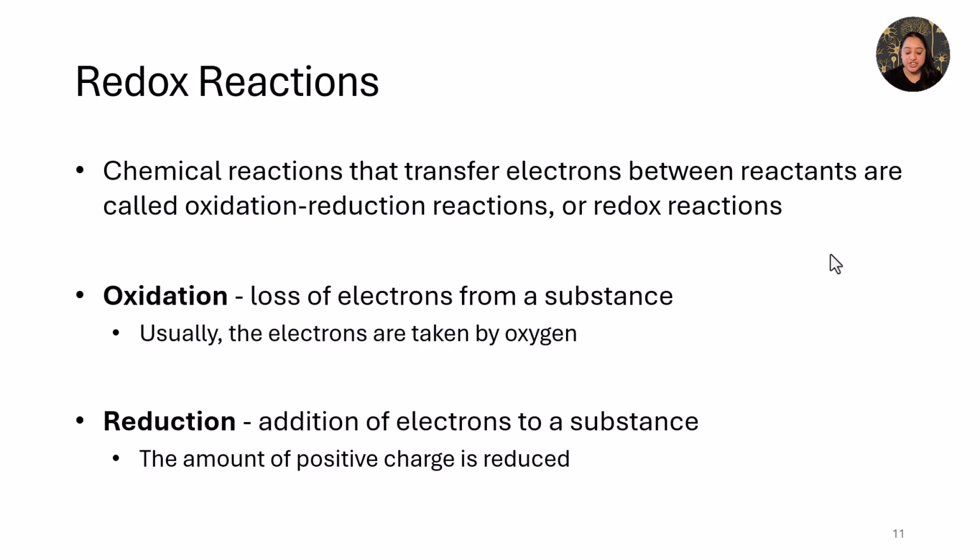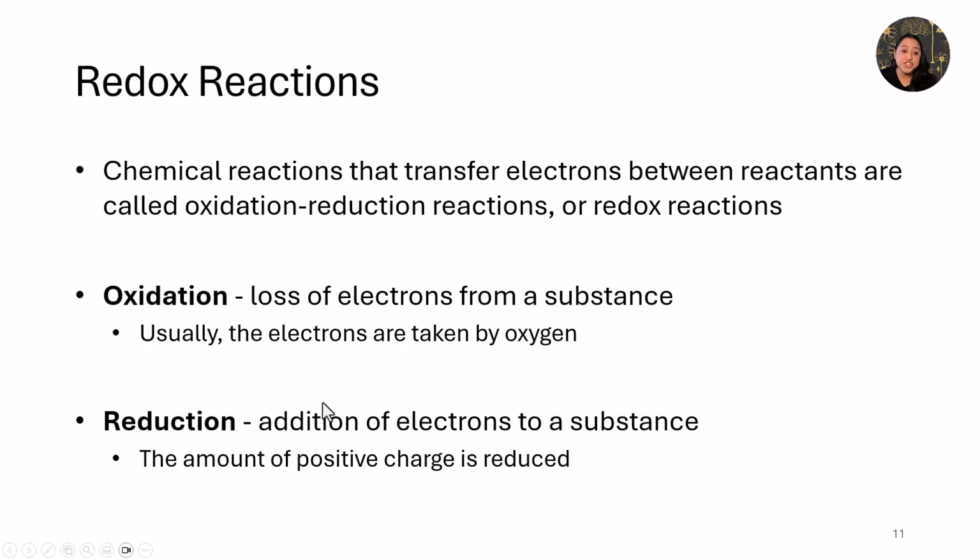So in this reaction, electrons get taken from this and put on this. And so we have terms for those reactions. Together we call them redox reactions, but it's two different ones that happen at the same time.